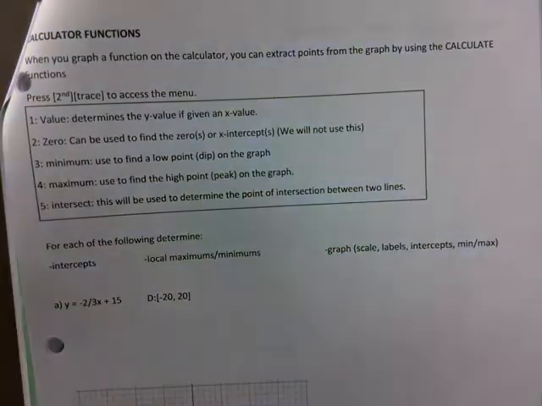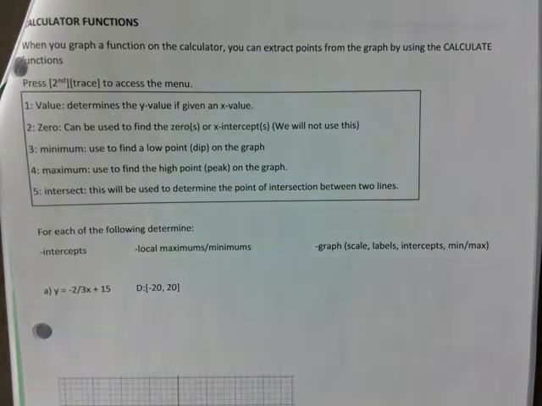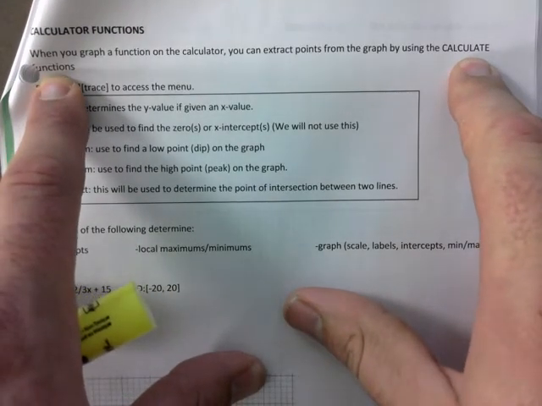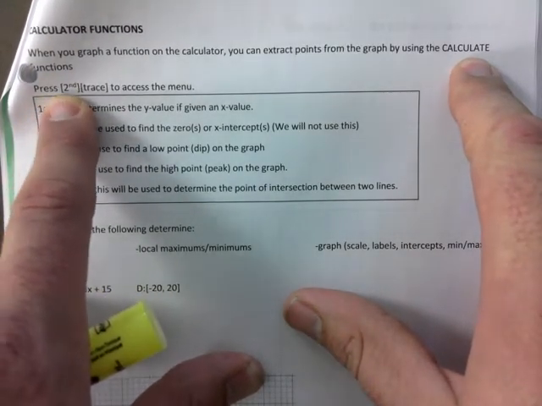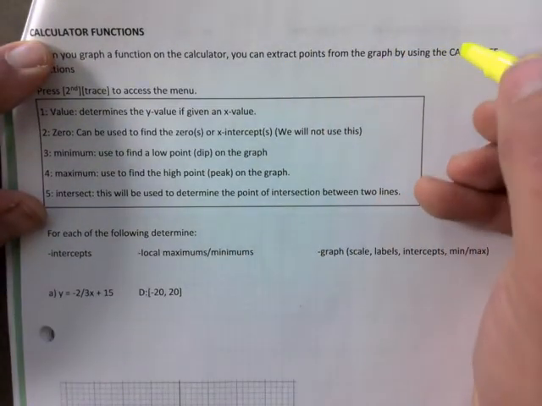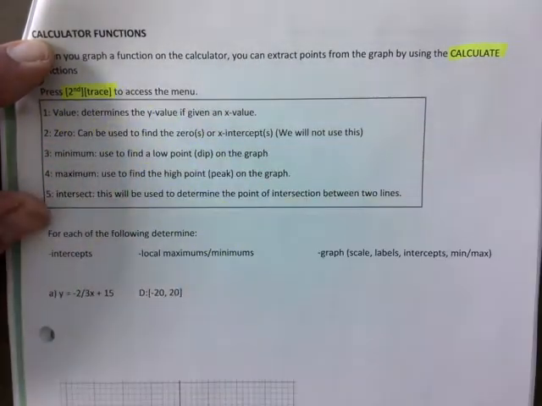I'm going a little faster because this technically has been covered in grade 11. So if you're struggling, I can help you out with that. Okay. When you graph a function on the calculator, you can extract points from the graph by using calculate functions. Press second trace, right? You will use the calculate function of the calculator by pressing second trace.